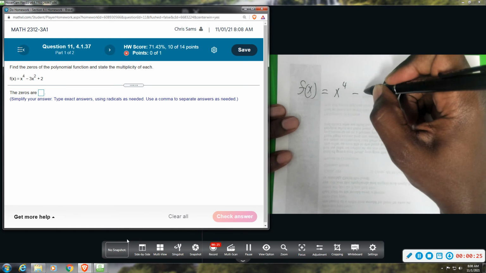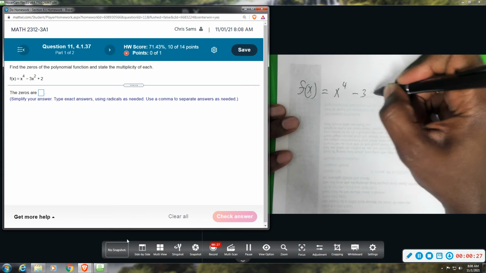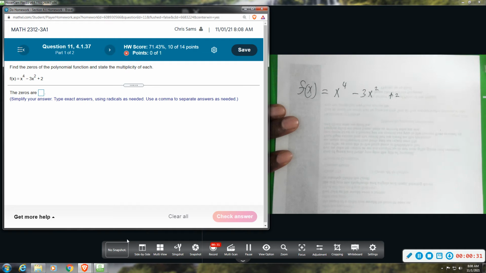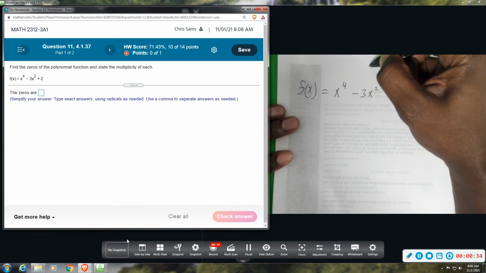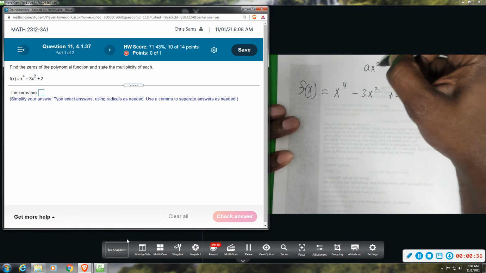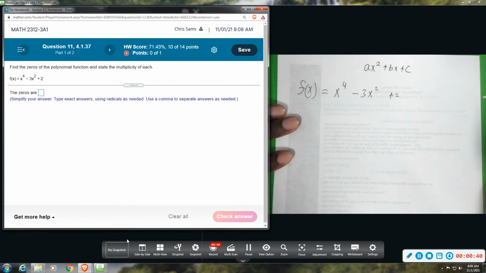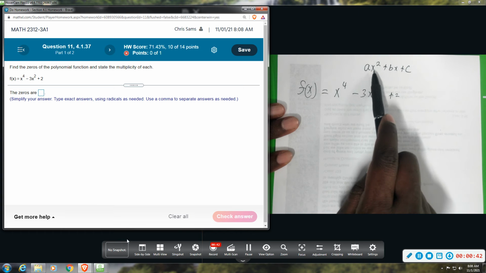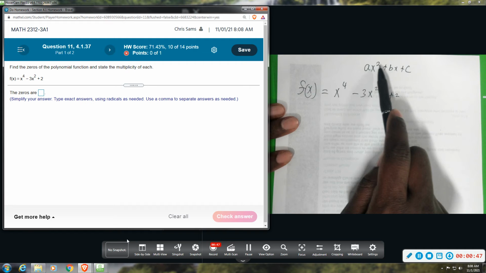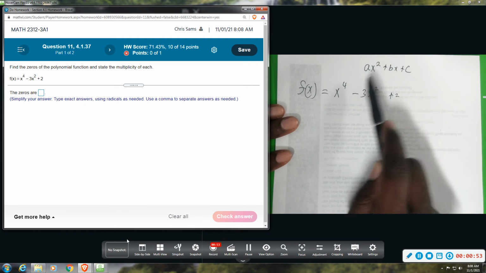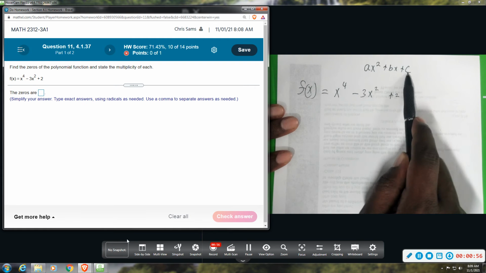If you notice that you have those three terms, similar to a quadratic, so a quadratic looks like this: ax squared plus bx plus c. If the relationship between the two variables is double, so the leading variable is double what the middle is, then you can still use that factoring technique.